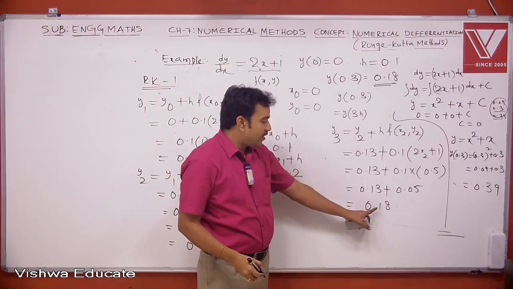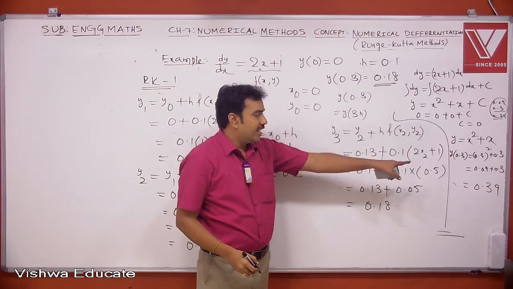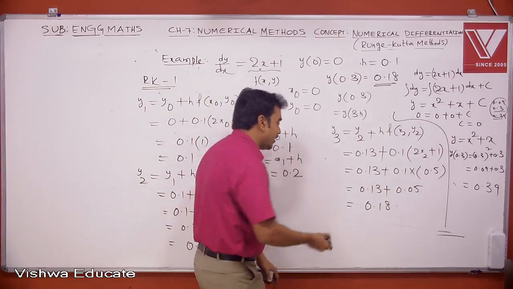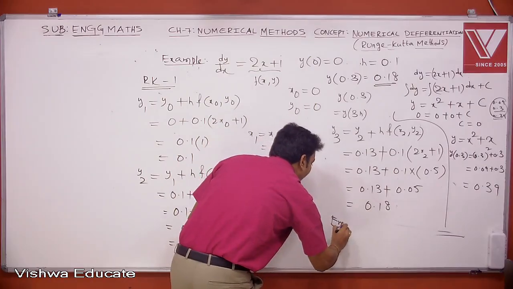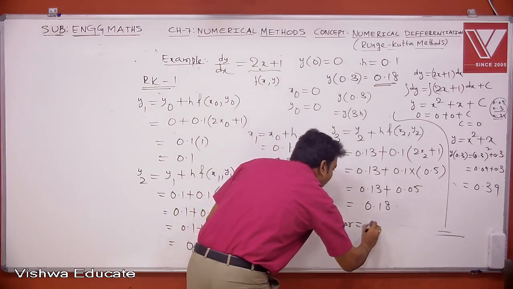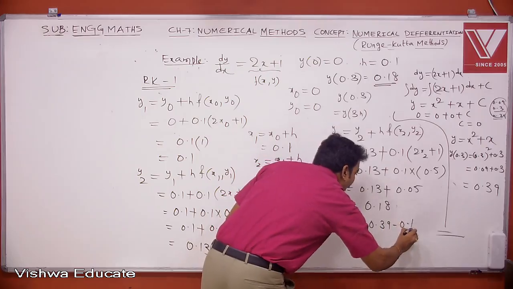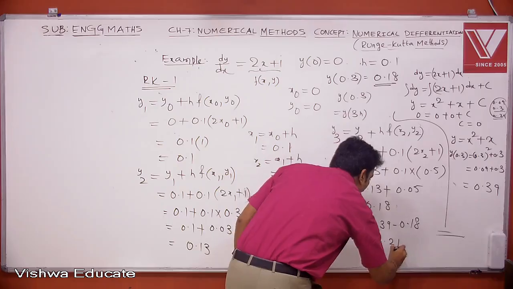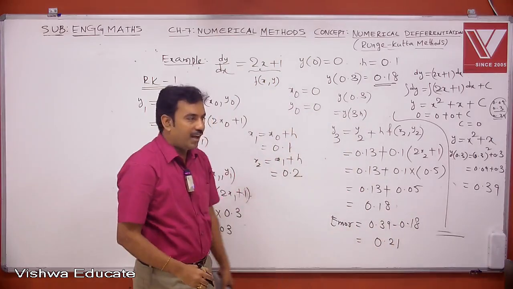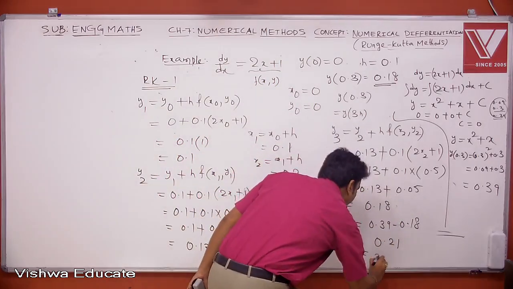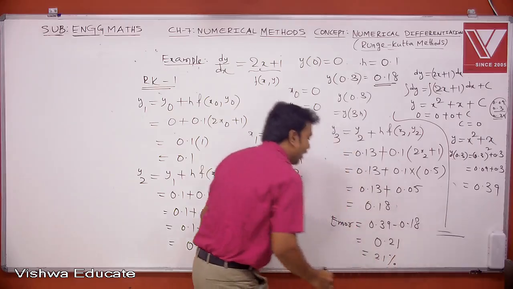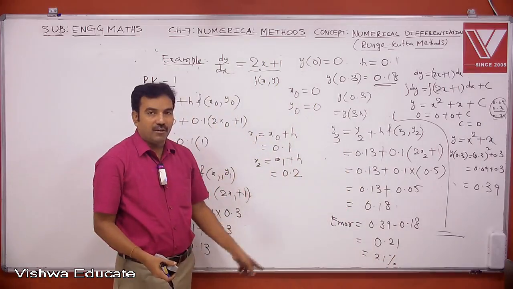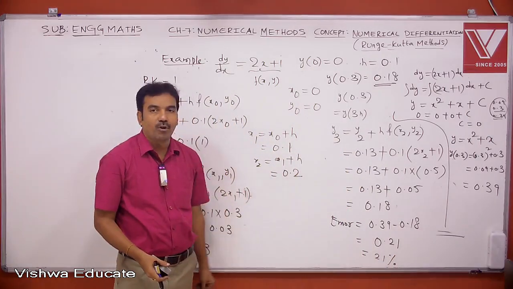But with RK method, this is 0.18. So the error value is the original value 0.39 minus 0.18. This is approximately 0.21. So the error will be 21%.